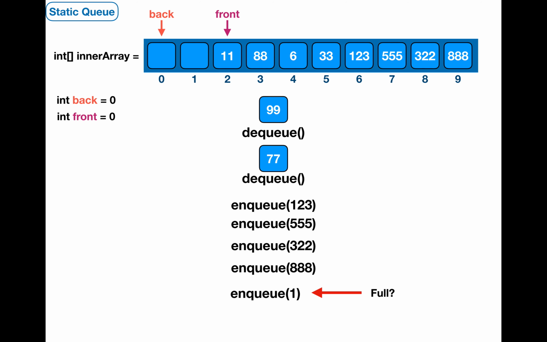So we have sort of a moving target of where the front and the back is. Now if you think of it as a circular array, the front is at index 2, and then the back is at index 1, or like the last element possible would be at index 1. If we wanted to enqueue 1, in this case we would enqueue 1, and then we would want to move back over to index 1, and we would continue to do this until we're actually full.